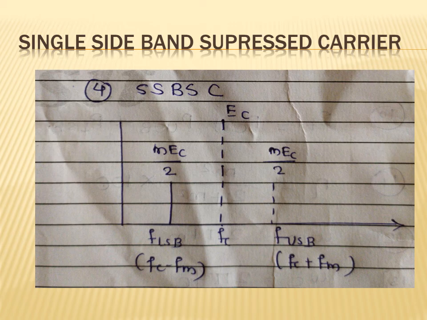Single sideband suppressed carrier is used for radar communication, telephone communication, mobile communication, point-to-point communication, and wireless communication such as amateur radio. It is used where we require power saving and low bandwidth.